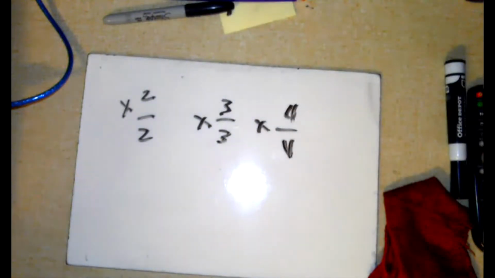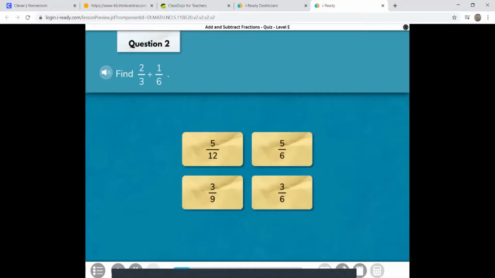So let's go back to our screen. So 2/3 plus 1/6. So we know that we're keeping the 6, and that is our simple form. So we know that it's going to be either 5/6 or 3/6. Well, 3/6, the simple form is actually 1/2. We know it's this one. Okay.